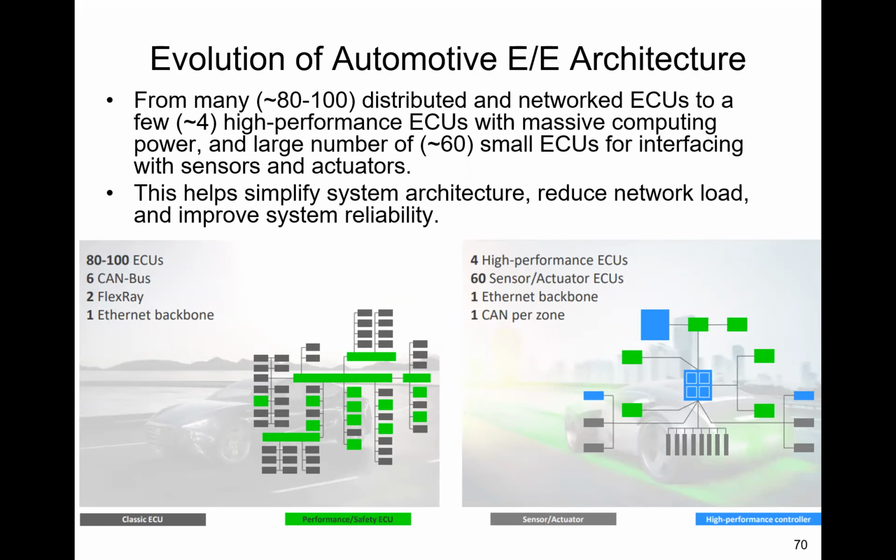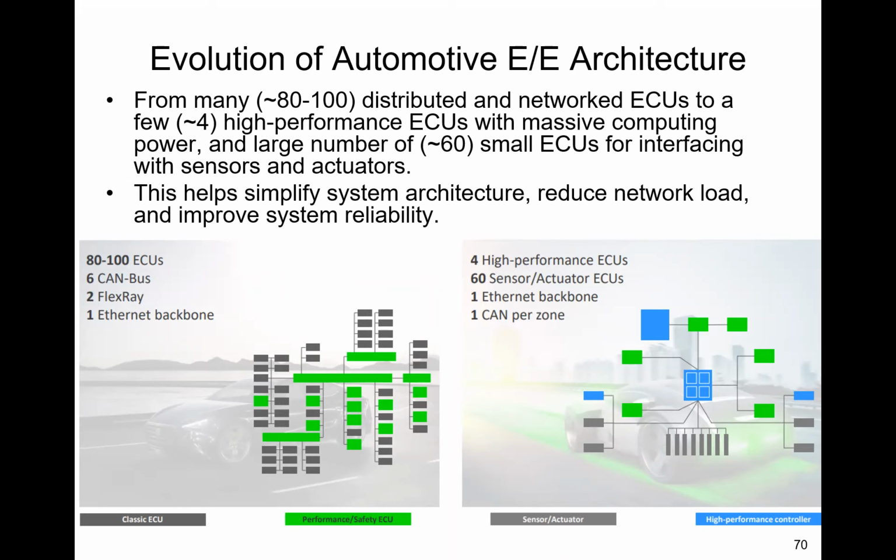So automotive EE architecture has been evolving from many, 80 to 100, distributed and networked ECUs to a few high-performance ECUs with massive computing power and a large number of smaller ECUs for interfacing with sensors and actuators.